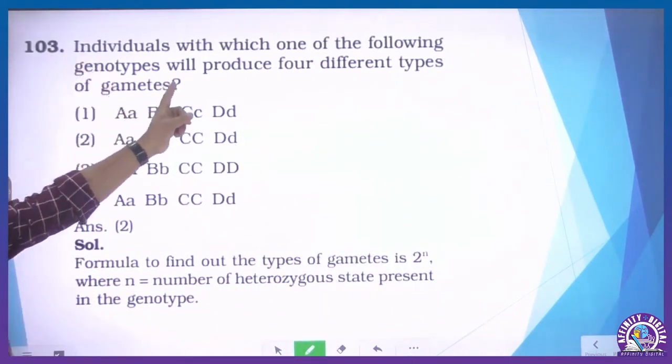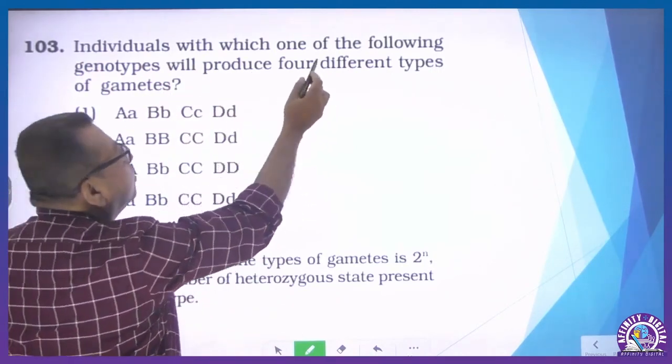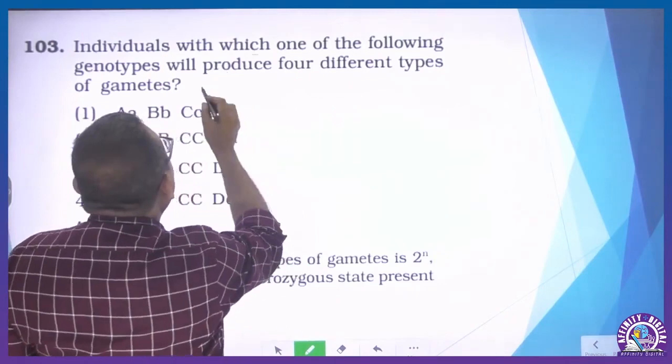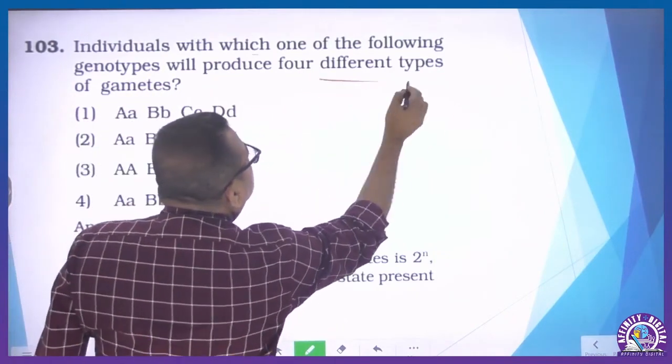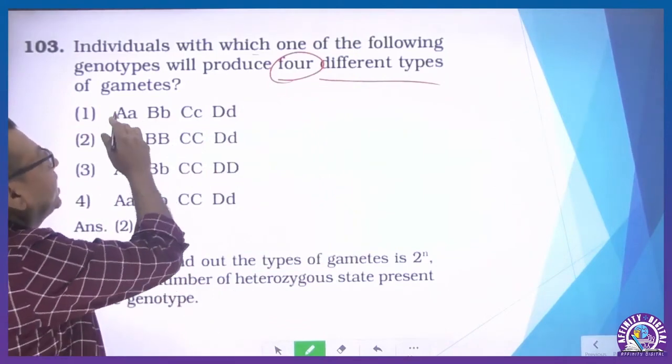question, this is another question on genetics. Individuals with which of the following genotypes produce 4 different types of gametes?